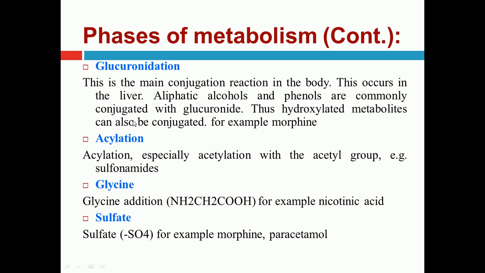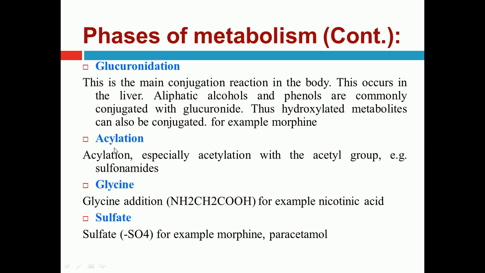This occurs in the liver. Number one, aliphatic alcohols and phenols are commonly conjugated with glucuronides. A phenol example is phenytoin. Then, for example, the metabolites of morphine can be conjugated with glucuronidation.